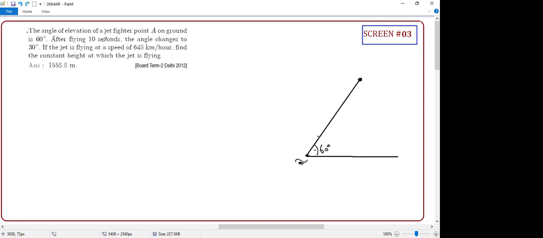After flying 10 seconds, the angle changes to 30 degrees, which means what? That the jet fighter is flying this way or that way, in the opposite direction. Is it going away or towards the observer? Anyone can tell me? Is it going right side or left side, student? The angle of elevation changes to 30.